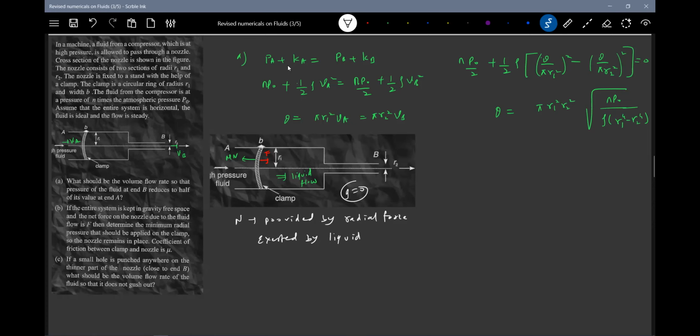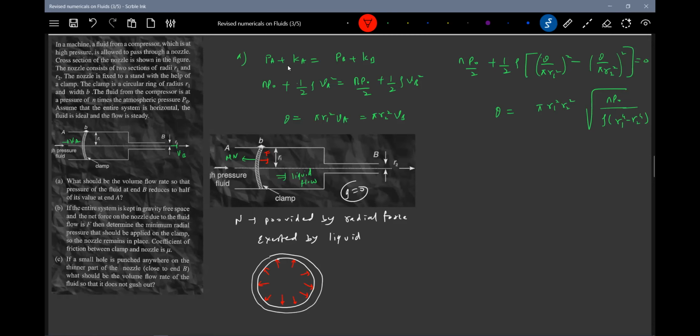So on the nozzle, if I take this as the nozzle, the liquid will be exerting a force in this direction. Agreed. Due to this, the normal reaction will come into the picture.